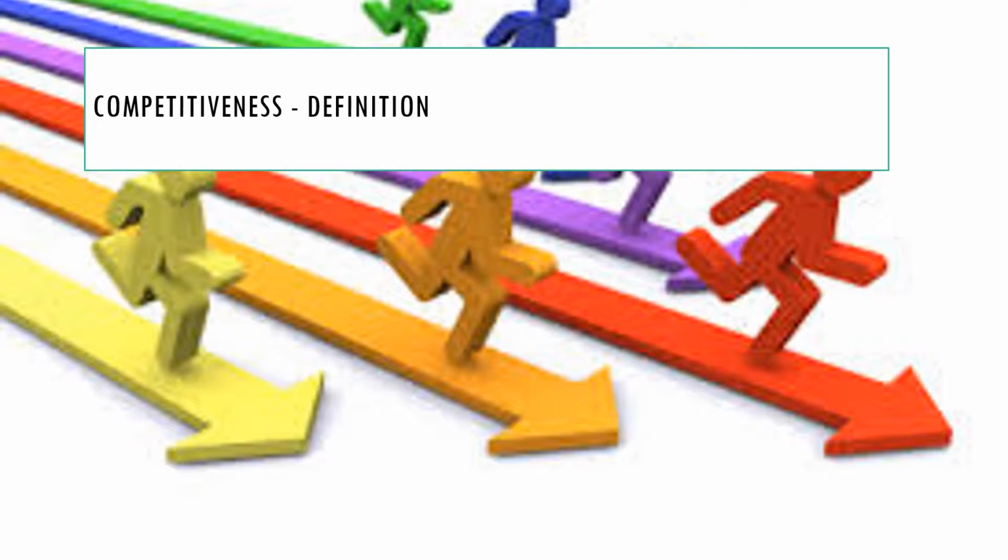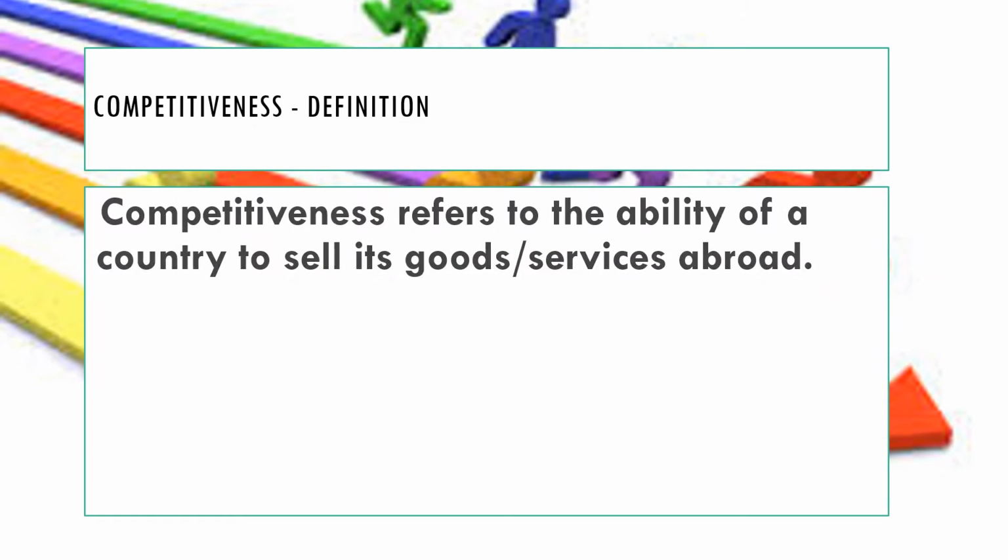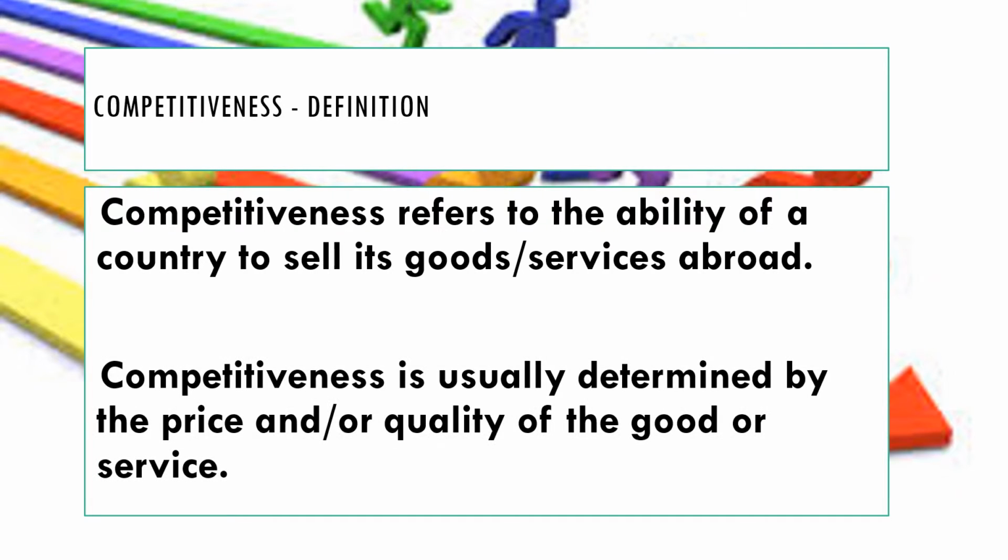So let's start off with a definition of what we mean by competitiveness. Competitiveness refers to the ability of a country to sell its goods or services abroad. And what do we mean here by a country? We mean the businesses within that country. So primarily what affects this ability?